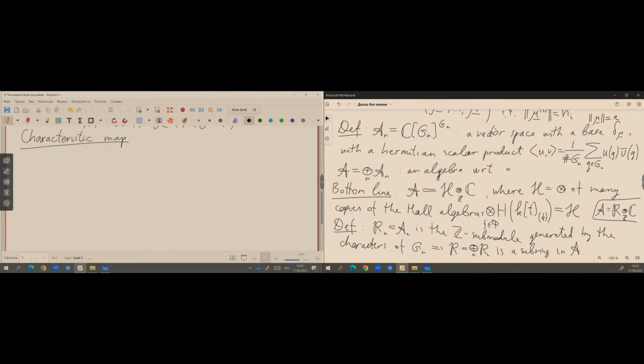But then we prove that it takes the characters to Schur functions, and that's the whole thing. Now we will repeat this in our situation. Again, you just consider many copies numbered by irreducible polynomials of the same thing that takes conjugacy classes to the whole group of polynomials. So this defines our map.